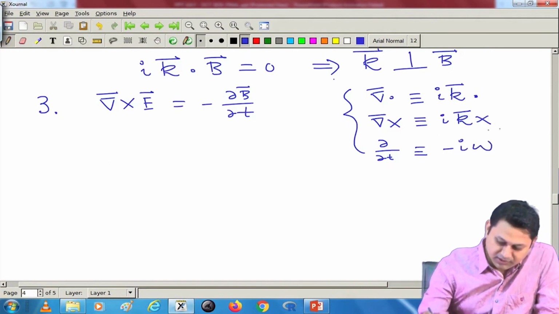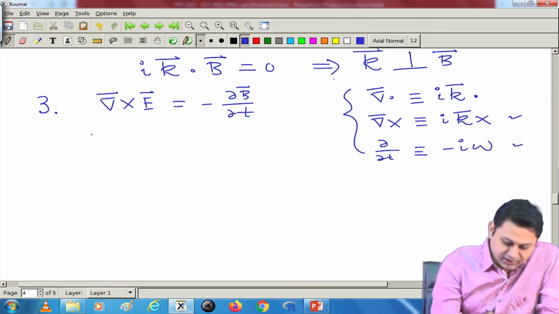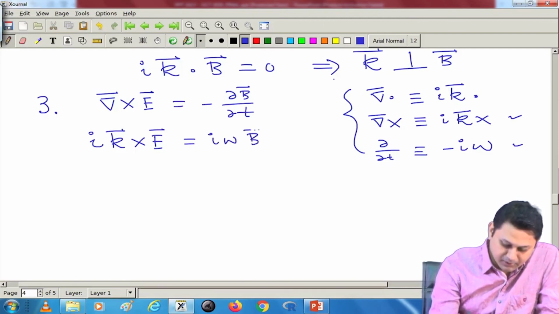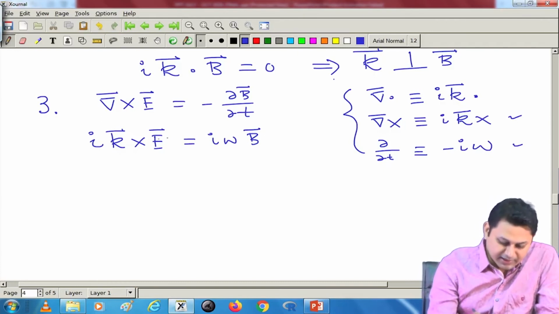So, I will use this second and third relation, and I find that i k cross E is equal to i omega B. This is an interesting equation. I can cancel out this i on both sides.